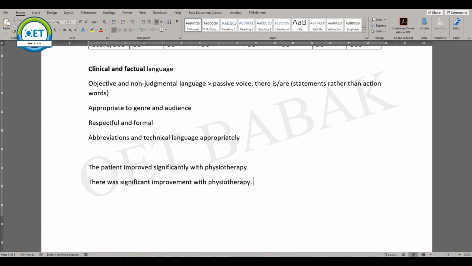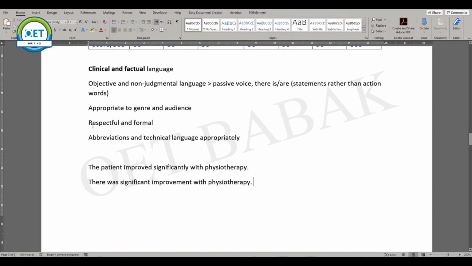What's the difference? The second one is more academic. It's descriptive, factual and non-judgmental. In clinical language, we describe something. We say there was an improvement. We don't say he improved. When we say he improved, it means he did something.